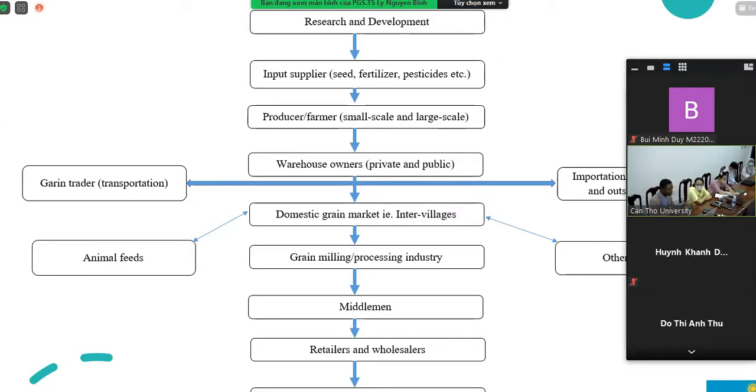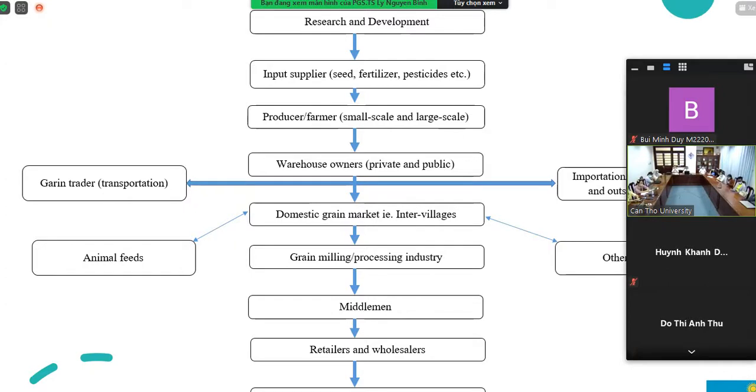And then some maize will be sold as animal feeds, or to other processors who need maize. Or some grain is milled to produce maize flour. There will be some middlemen, and there will be retailers, wholesalers, and consumers as end use.